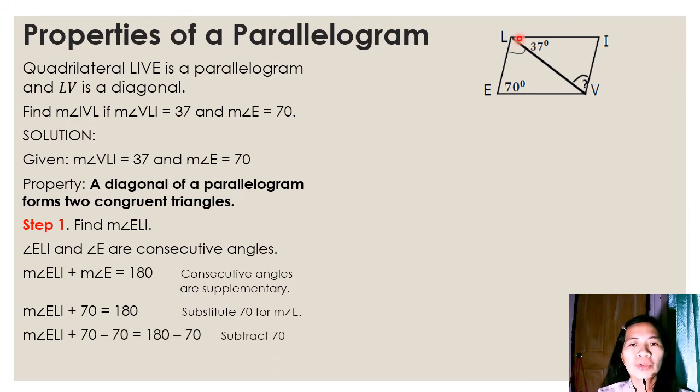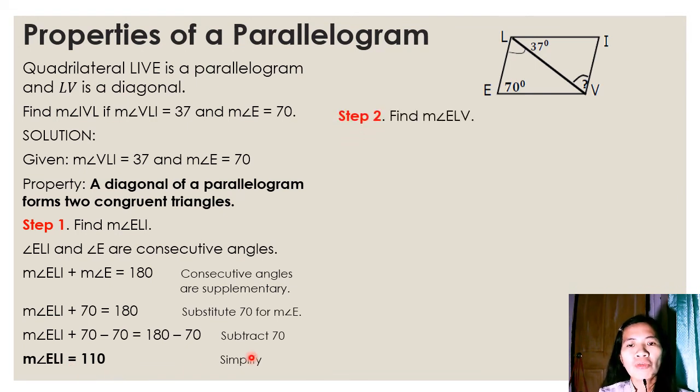Given this, we will get the additive inverse of 70, so minus 70, and add to both sides. So this will become 0. 180 minus 70, so we can say that measure of angle ELI is 110 degrees.